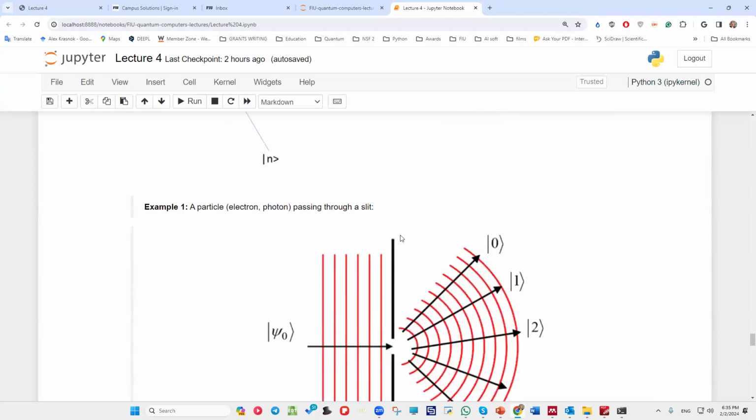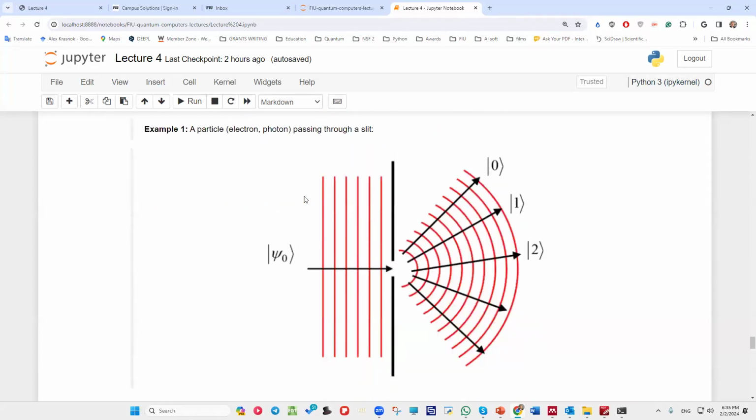Here I put just a couple of examples. The first example is a particle passing through a slit in a screen. I have an electron or a photon, and this particle is represented in state psi 0, and moves like this towards the slit in an opaque screen.